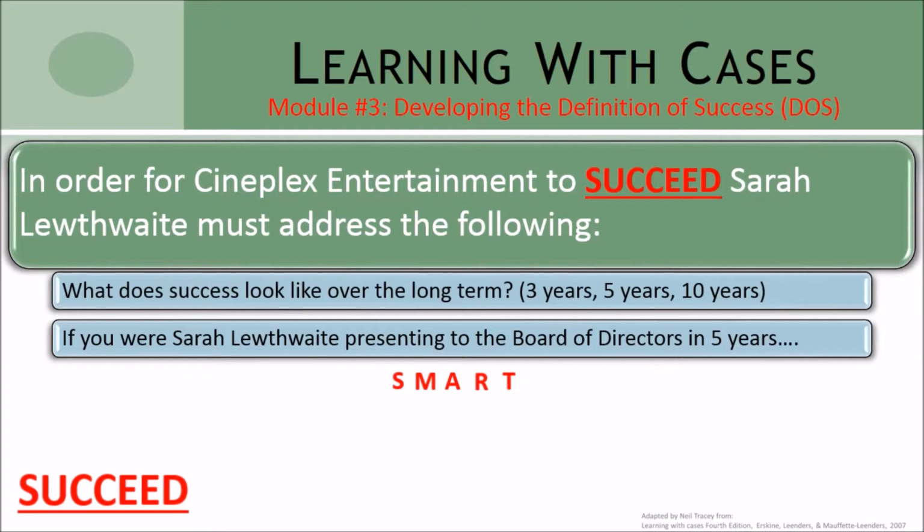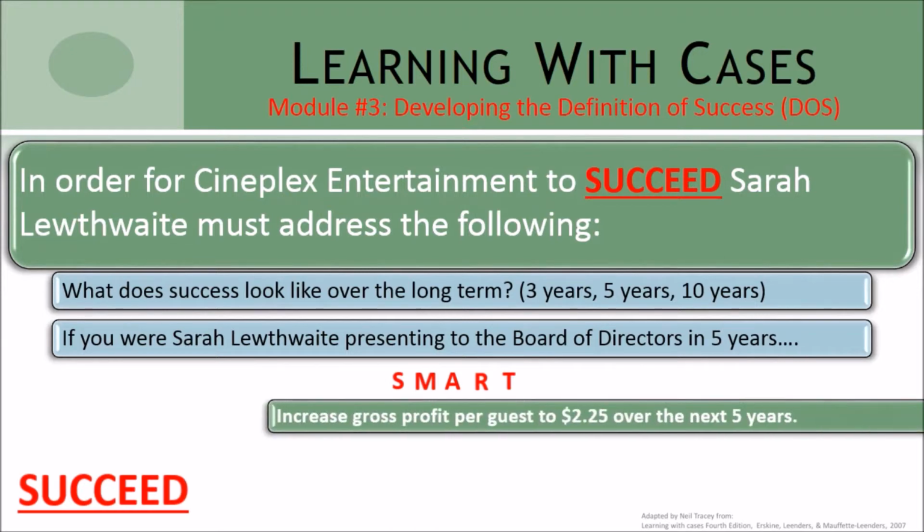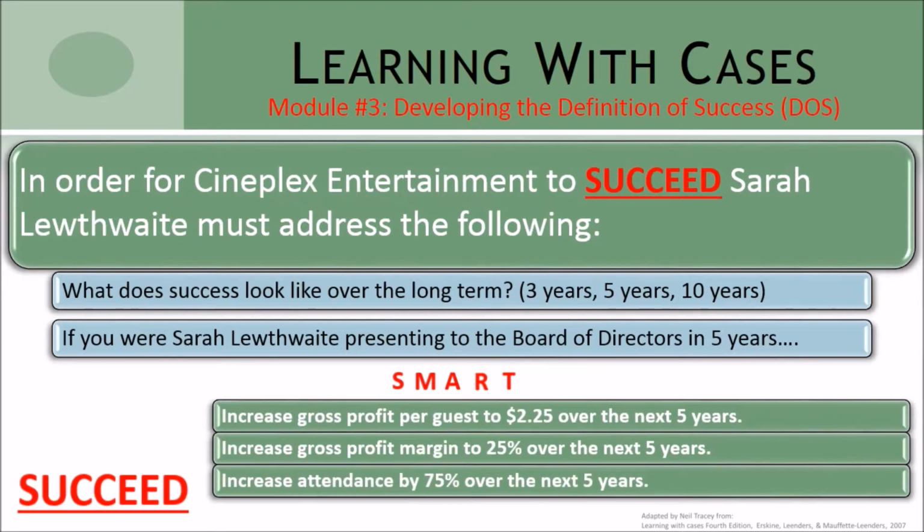We also need to be careful to ensure that our definition of success is truly moving us forward. For the Cineplex Entertainment case, for example, if we set the definition of success to increase gross profit per guest to $2.25 per guest over the next 5 years, we might agree that this is smart, but is it truly moving us forward?